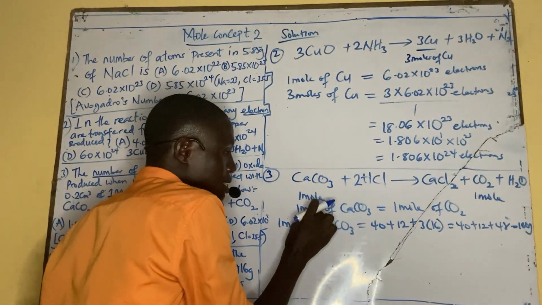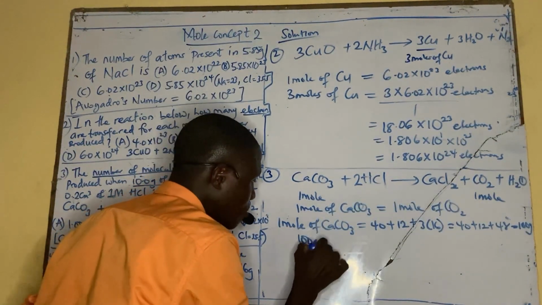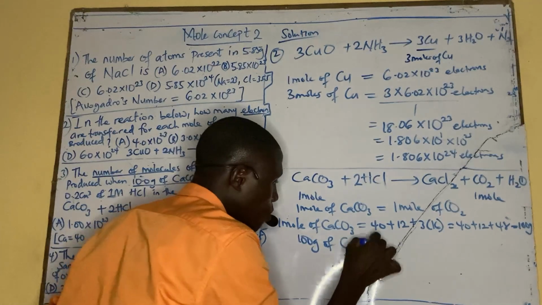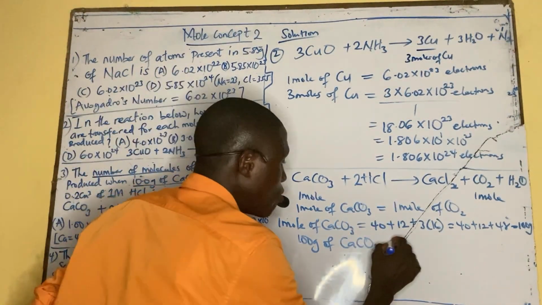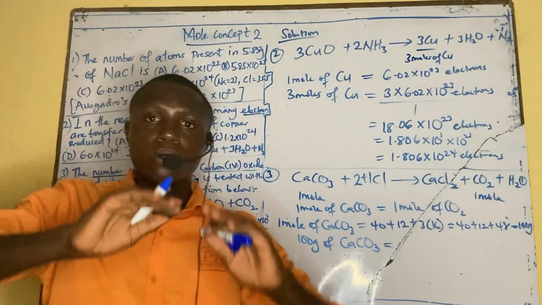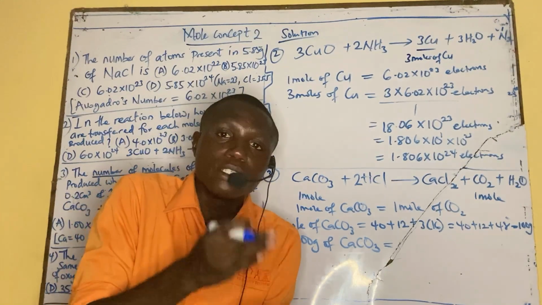We have to change 1 mole of CaCO3 to gram. So this one will now be 100 grams of CaCO3, no longer in moles because we have converted it. It will be equivalent to 1 mole of CO2, which is the same thing as 6.02 times 10 raised to power 23.